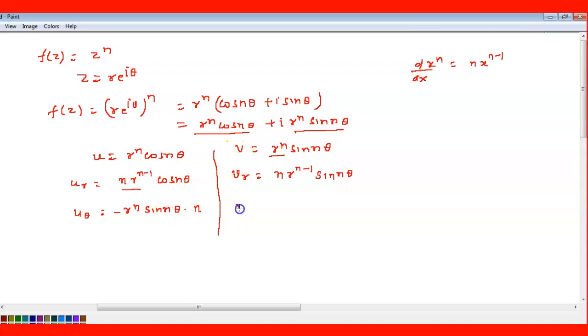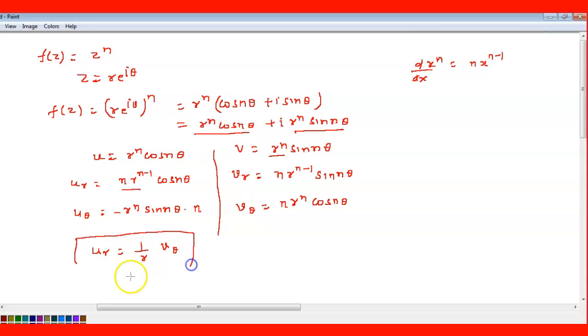And v differentiating with respect to theta, so r to the power n is outside. Sin theta I have to differentiate, which is cos of n theta into n. Getting here? So here if you divide with r, we will get the same thing only. So u r is equal to, you can write here, 1 upon r of v theta.